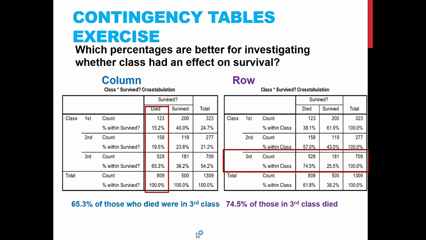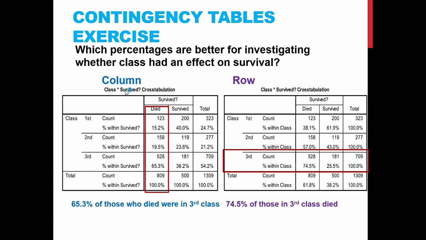So from the total number of deaths, it is only 65.3%. But within the third class, a higher percentage died out of the people who were in the third class.